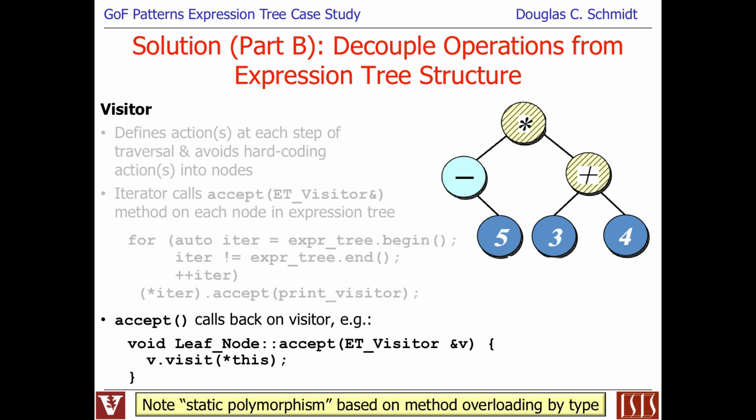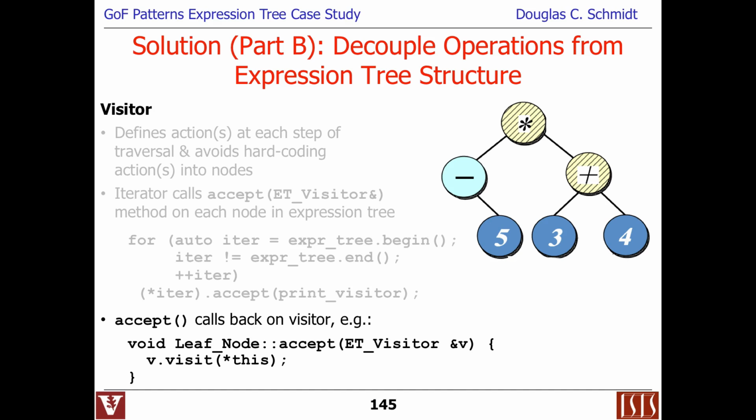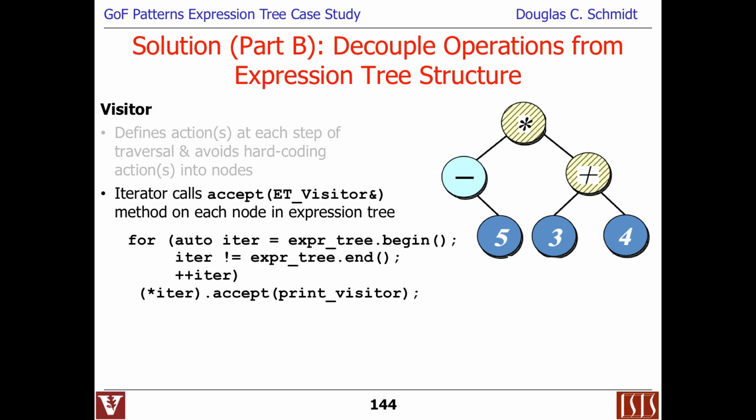The accept method, which is a virtual method, takes a reference to a base class of visitor. So when you call this thing up here, let me just step back one second, go back up here. Assume up here there's a print visitor defined. We'll look at that in a second.